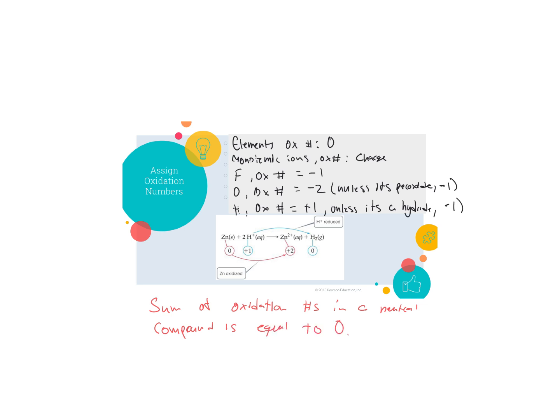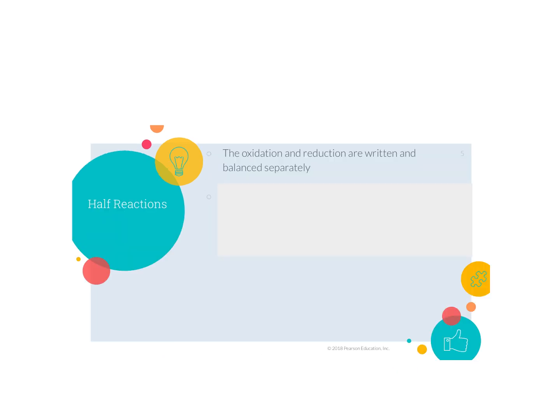The sum should be equal to 0 if it's a neutral compound. If it's an ion, then the sum of oxidation numbers will equal the charge of the ion for a polyatomic, for example. So anytime we have a redox reaction, we have what are also known as half reactions. So oxidation and reduction reactions are typically balanced separately.